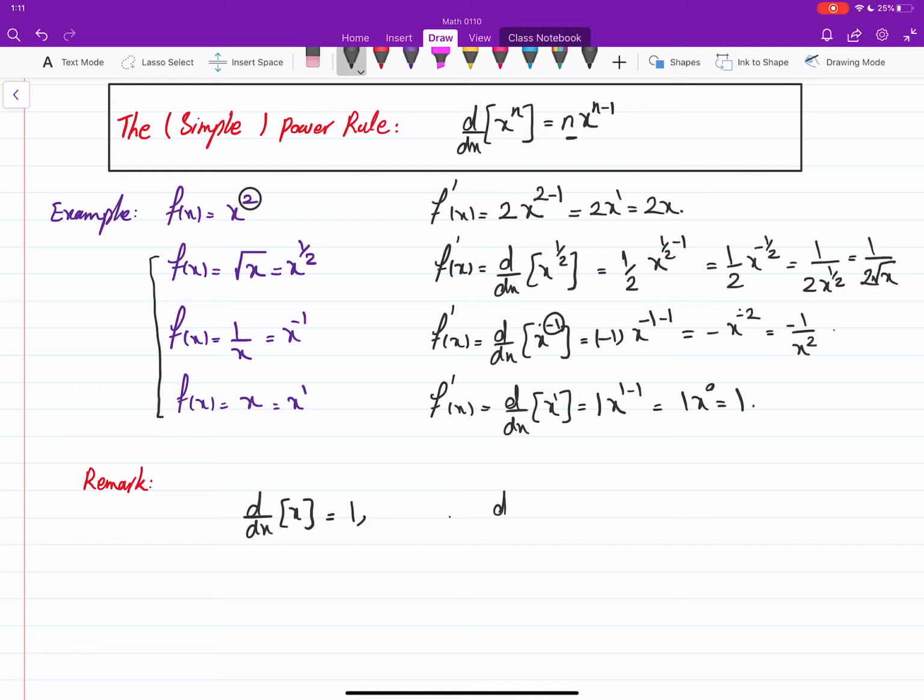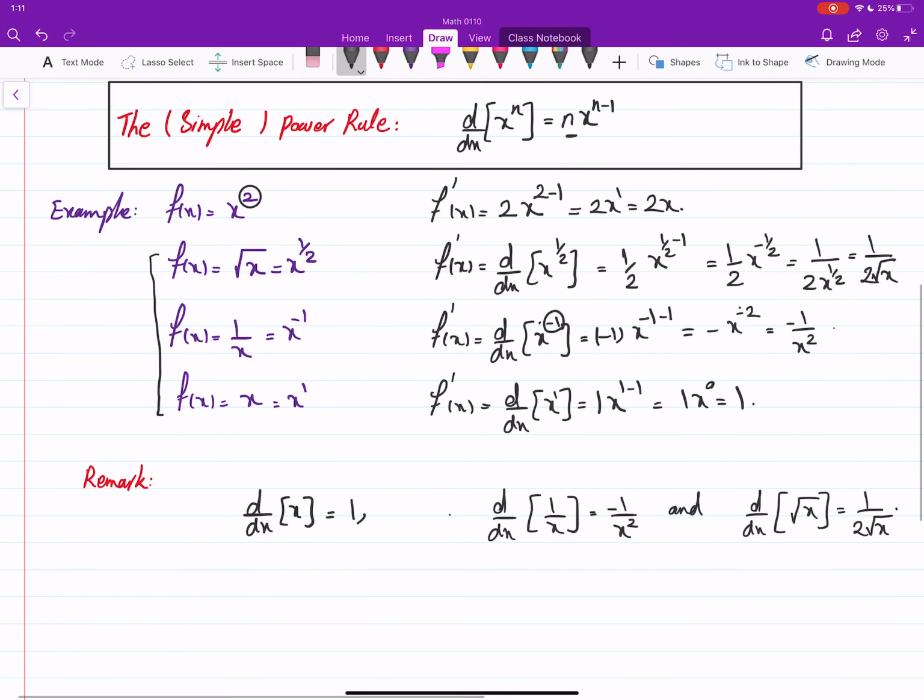The second one is the derivative of 1 over x is negative 1 over x squared. And the derivative of root x is 1 over 2 root x. These three things are nice to keep in mind for later use.